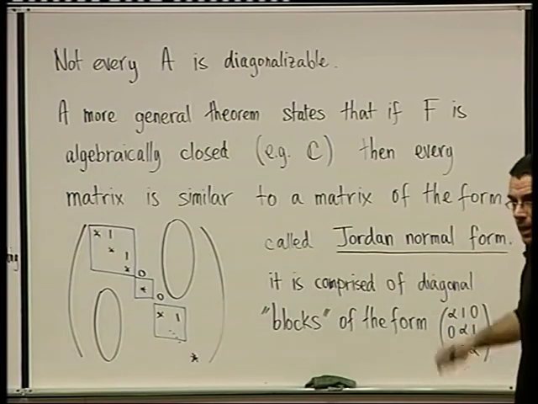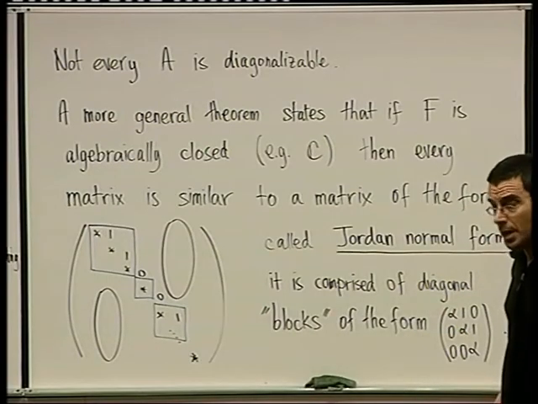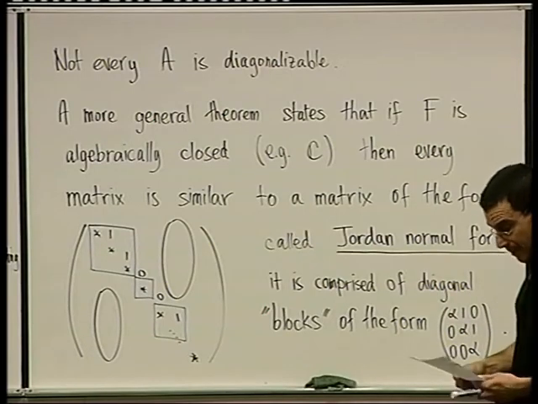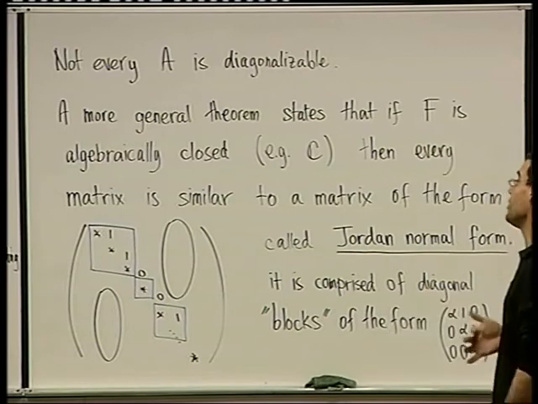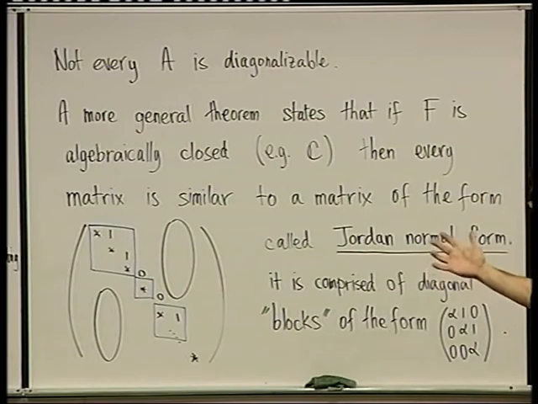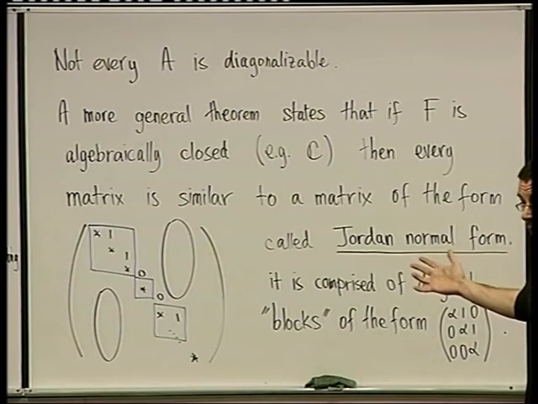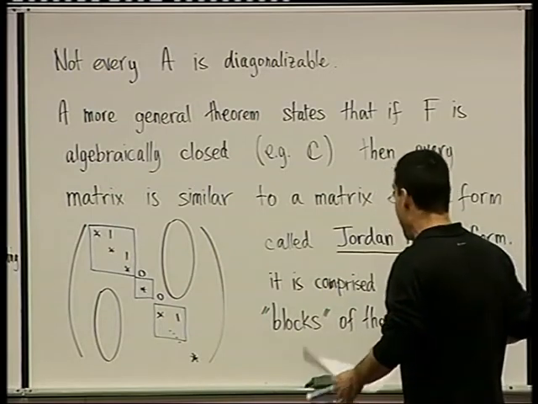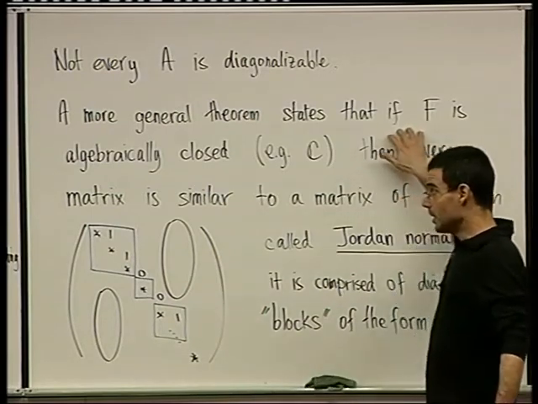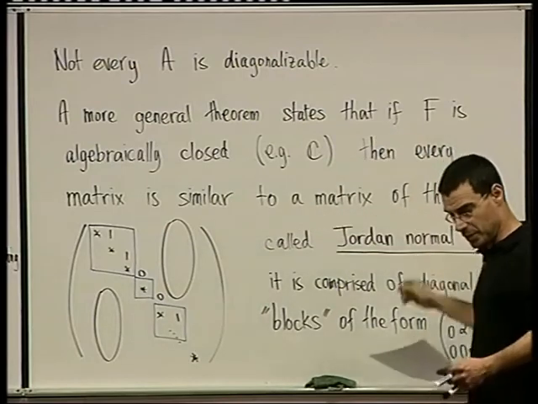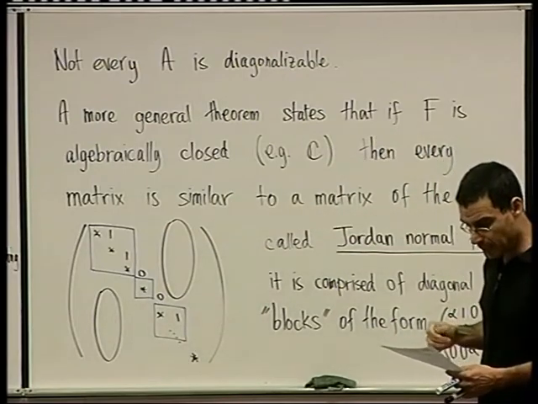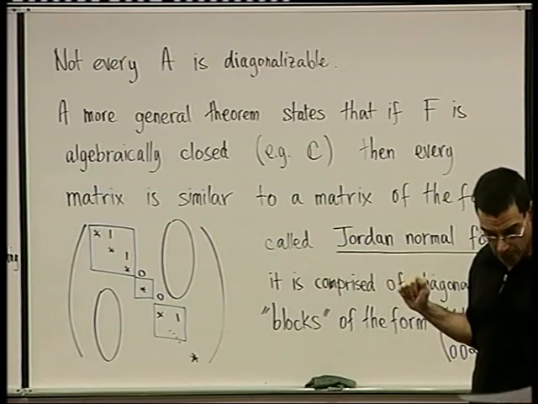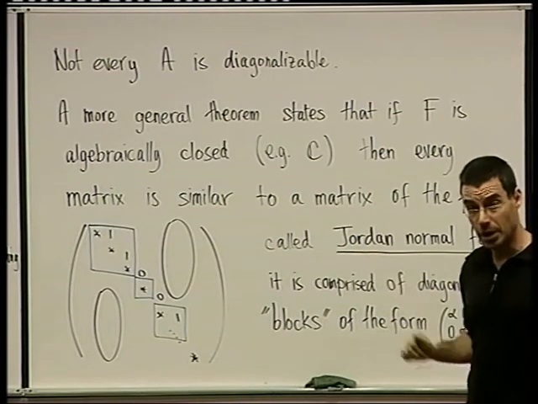This is way beyond the scope of this course, but just so you know that this exists. I'm just going to mention that there are even more general theorems that say that above any field, every matrix is similar to what's called Frobenius canonical form, or a rational canonical form.